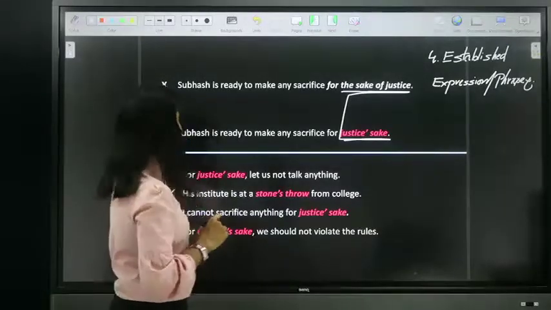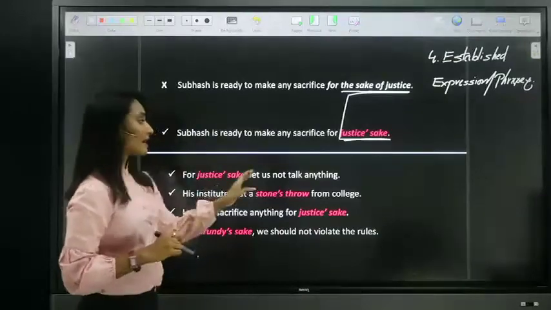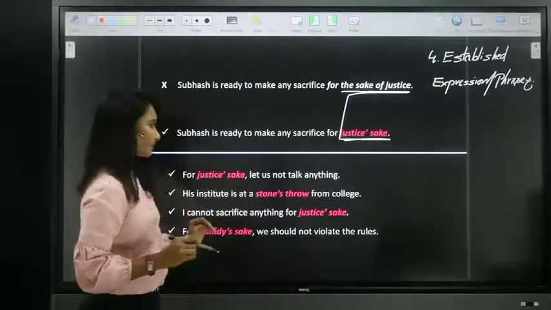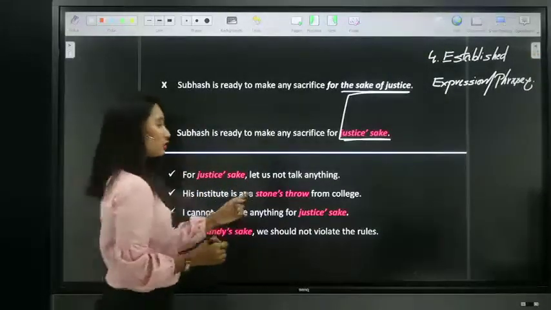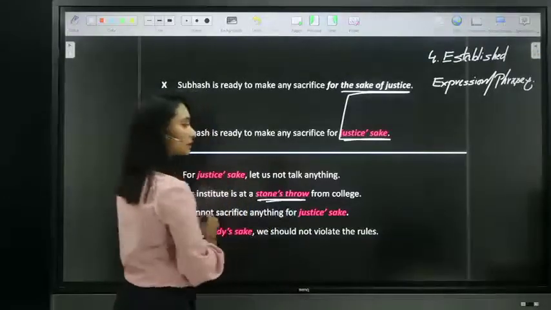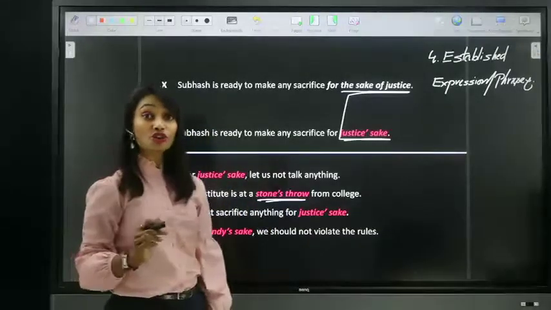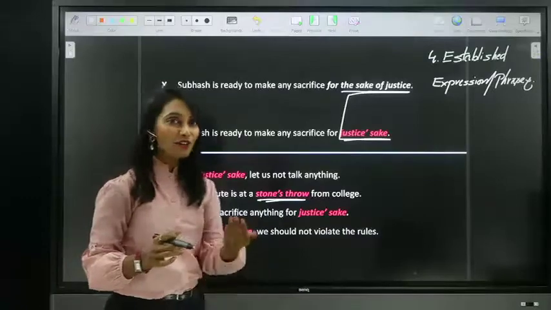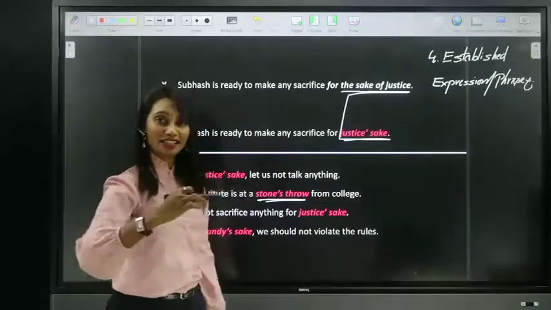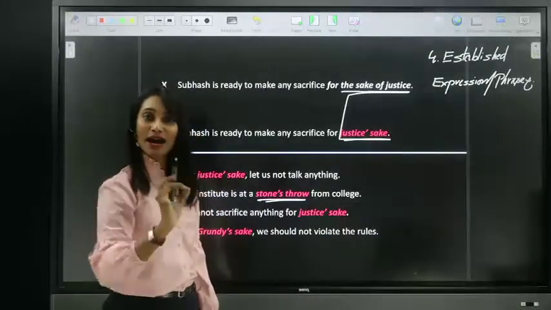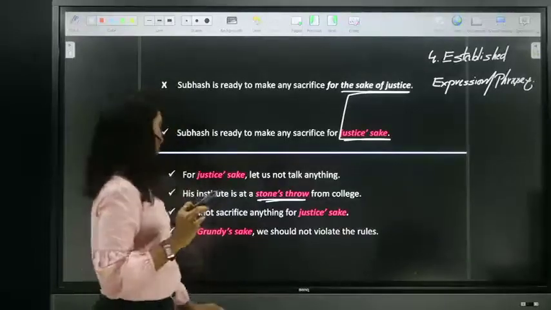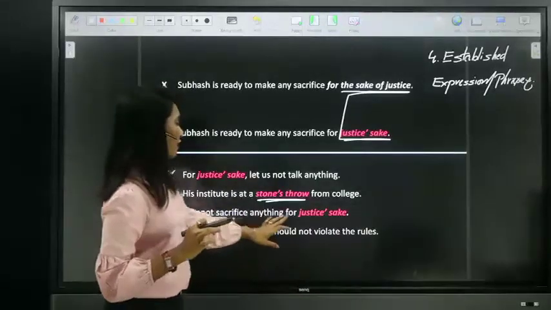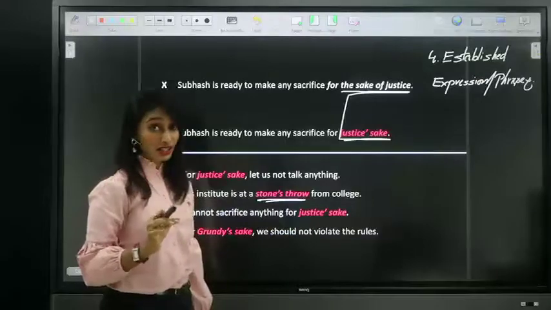So look at some examples. For justice sake, let us not talk anything. His institute is at a stone's throw from college. So stone's throw, I told you, is not a unit of weight, it is a unit of distance. Stone's throw, nearby. If you throw a stone, it falls. I cannot sacrifice anything for justice sake.